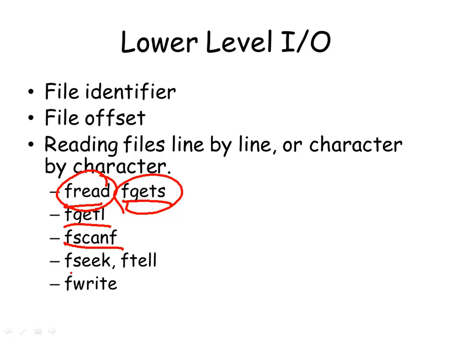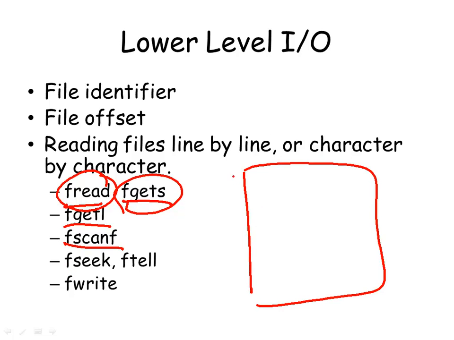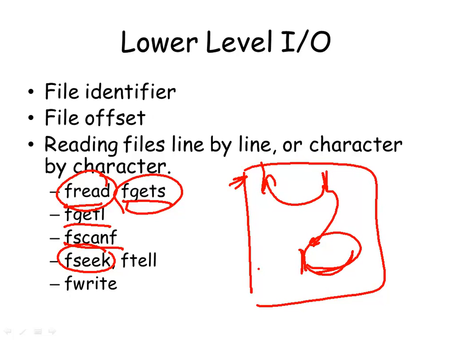If you want to change the location of the cursor, let's say you have a file that we opened. When you first open it, the cursor will be at the beginning. As you read, the cursor would be moved to the end of what you read. You can use the fseek function to move the cursor back or forward, and then read a new part of the file.